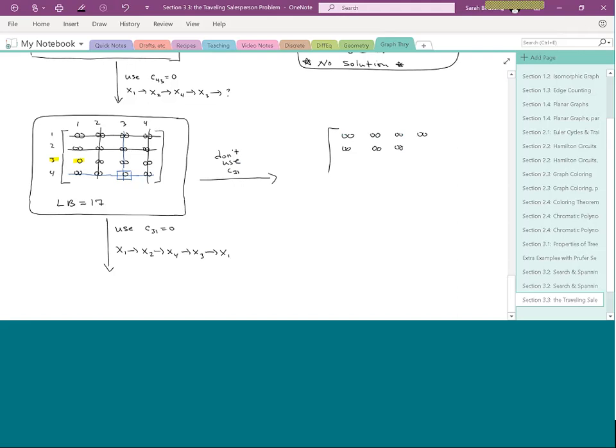And we'll go and put these guys as crossed off here. Your bottom row is also all infinities. And your last 3 columns are all infinities because they were crossed off.